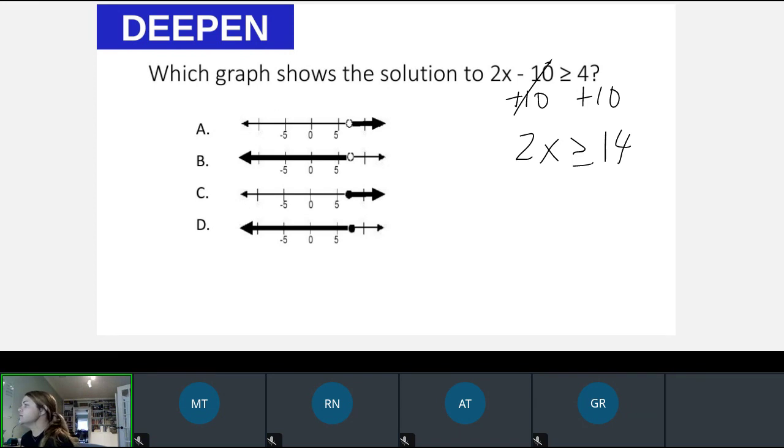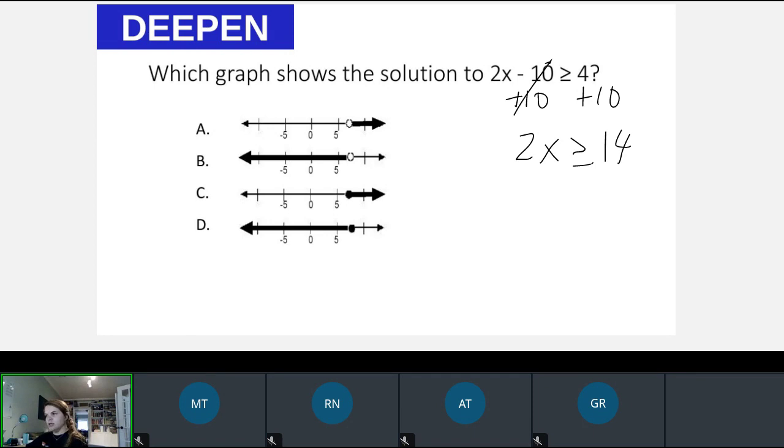Good. Most of y'all are getting it right. Very good. Yeah, good, Micah. So we know that it cannot be A or B, because if we just look at our inequality sign, it says greater than or equal to.